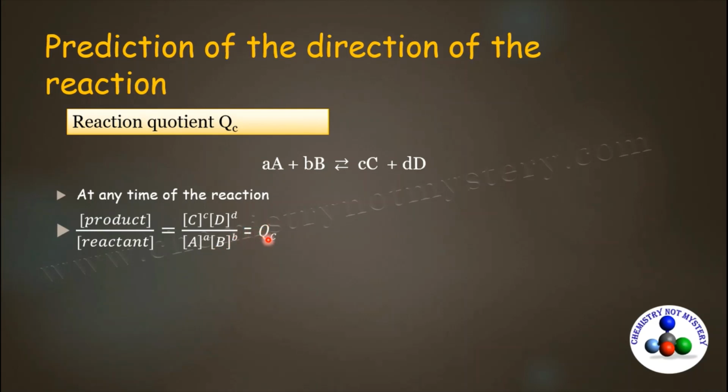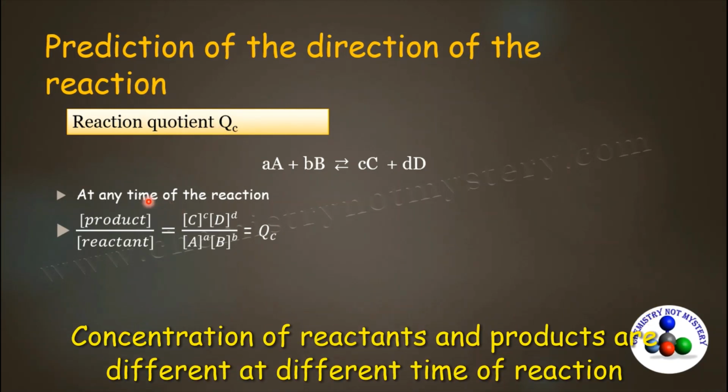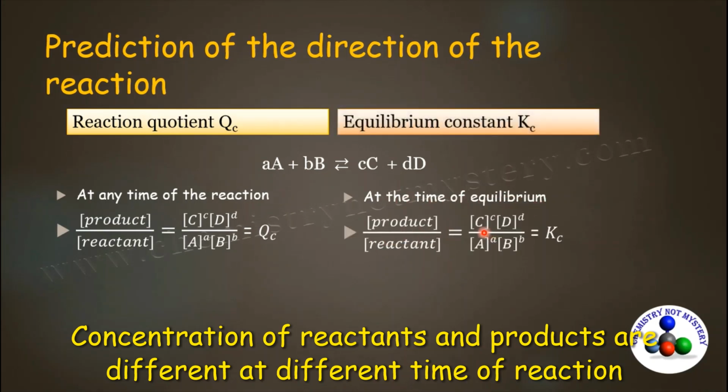It is equal to Qc, that is the reaction quotient, as it is measured at any time of the reaction. But when it is measured at the time of equilibrium, you will get C raised to c multiplied by D raised to d divided by A raised to a multiplied by B raised to b is equal to the equilibrium constant, as it is measured at the time of equilibrium.